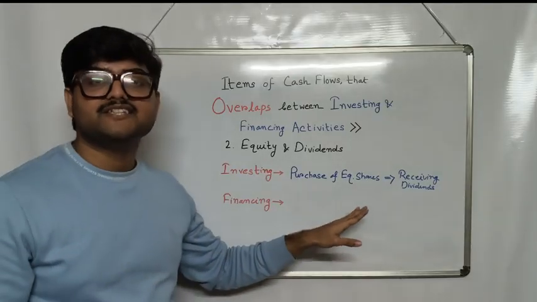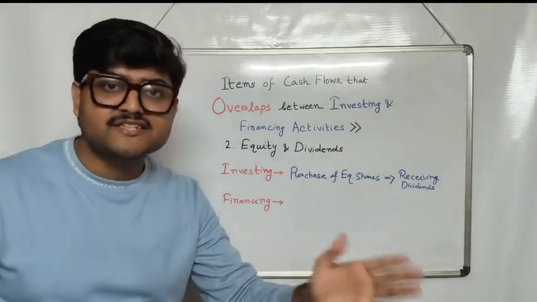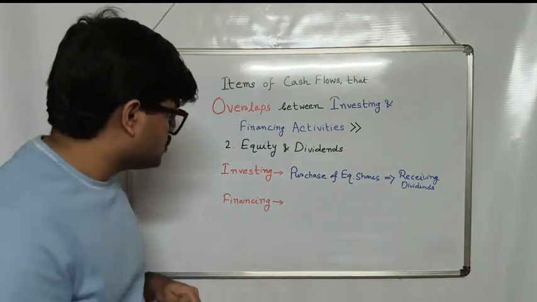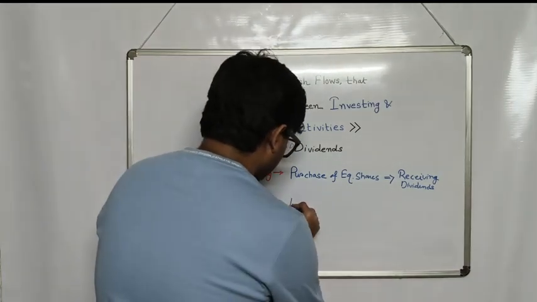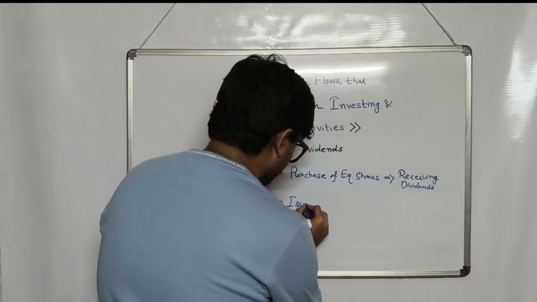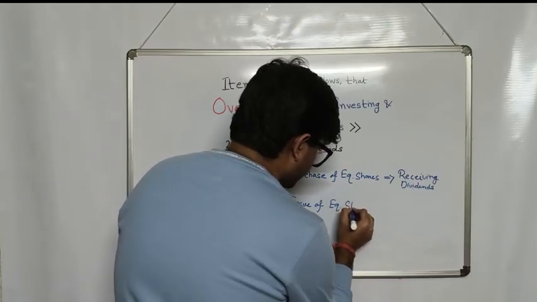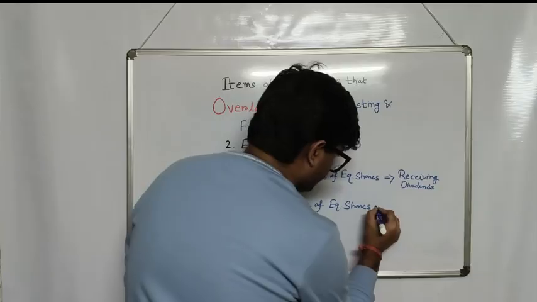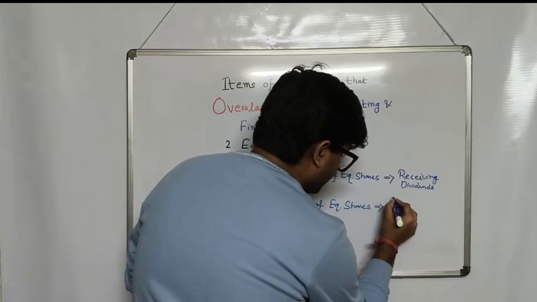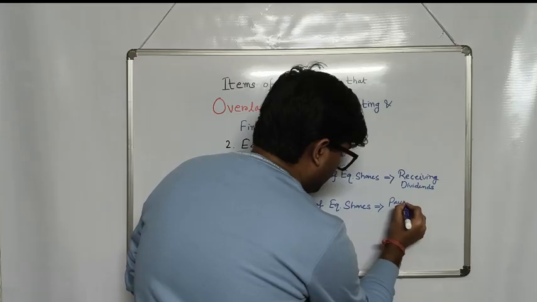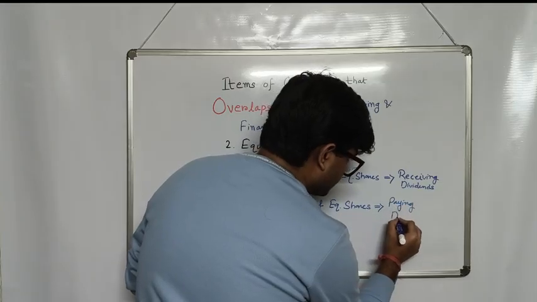So in this case, we are paying dividends to the equity shareholders. So issue of equity shares means paying dividends.